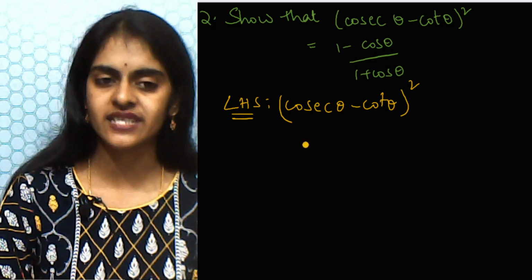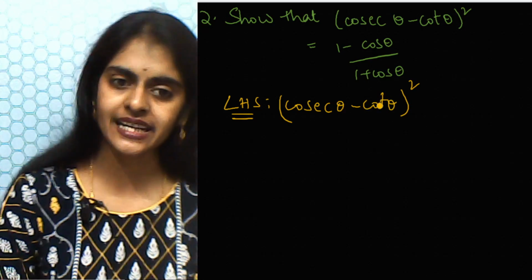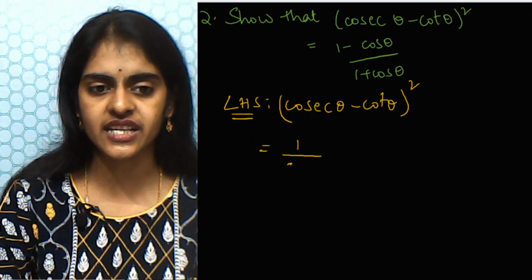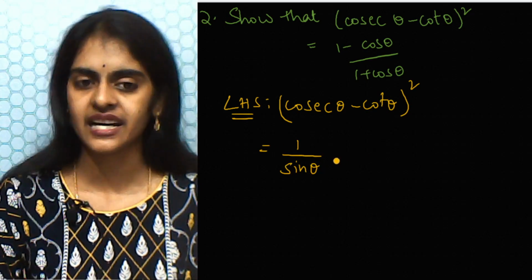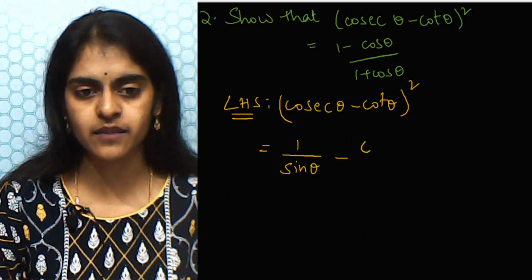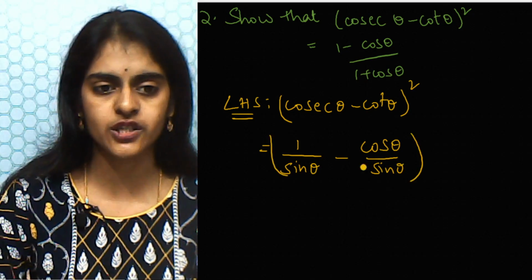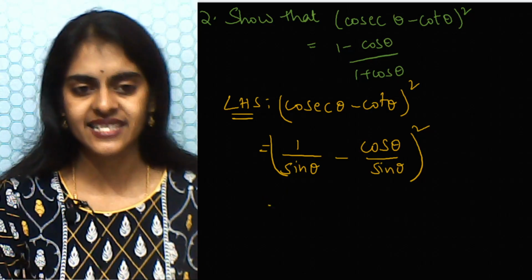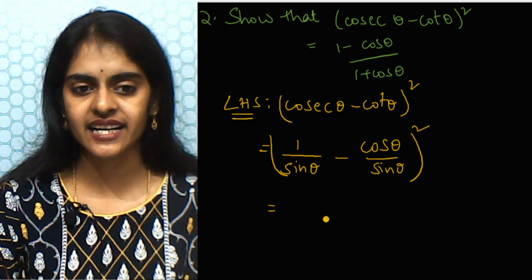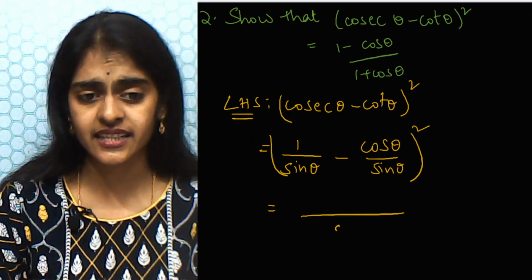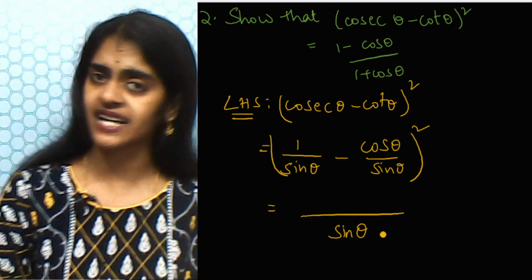So simply convert this to sine and cos. Cosecant is 1 by sine theta, minus cot, which is cos theta by sine theta, whole square. Just take the LCM. Both are like fractions, so sine theta is the LCM.